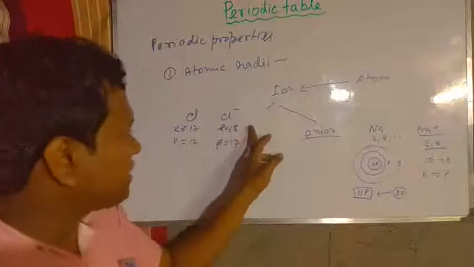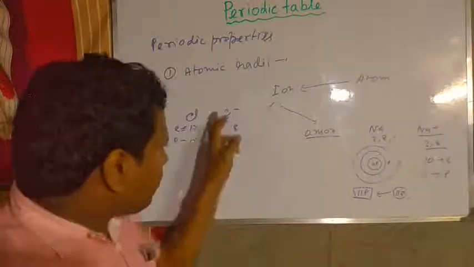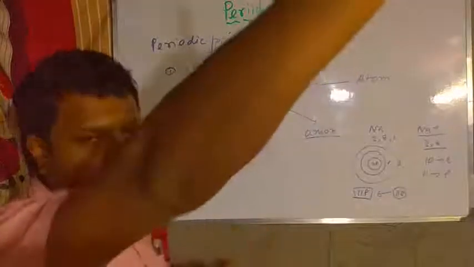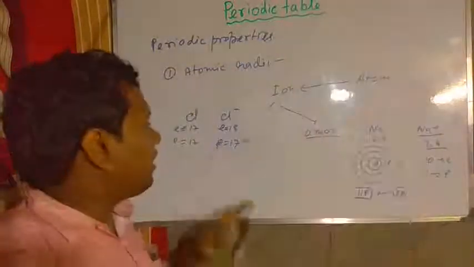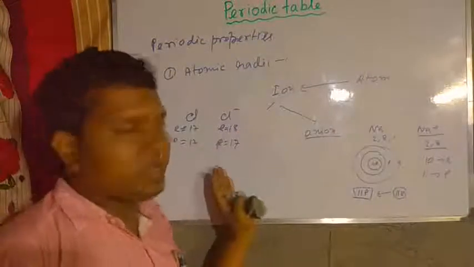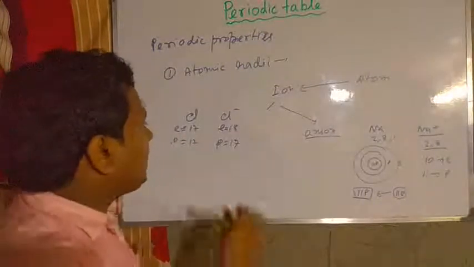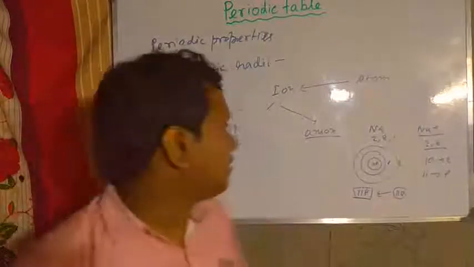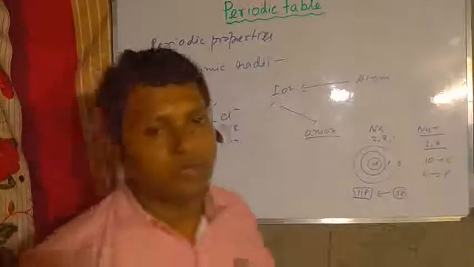So in this chloride ion, the repulsive force in the outer direction is higher than the attraction toward the center, and that is why the Cl minus ion has a higher radius than the chlorine atom.